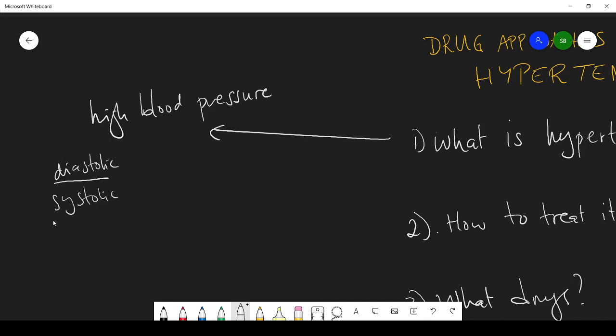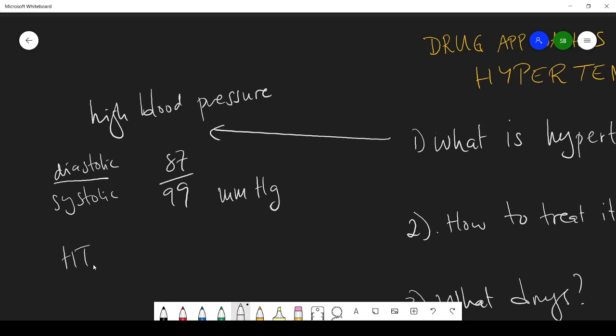The systolic is during a beat, diastolic is between the beats. And so you usually get a number like, I don't know, 87 over 99. And this is in millimeters of mercury, although it should properly be given in pascals.